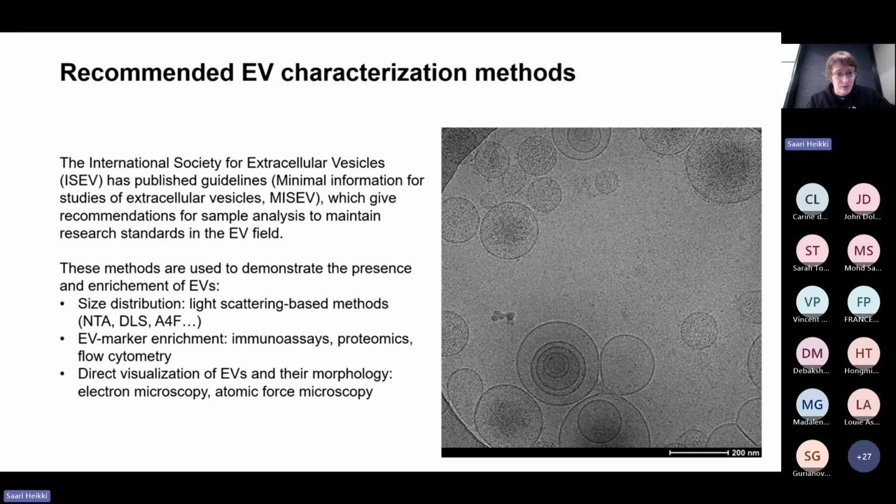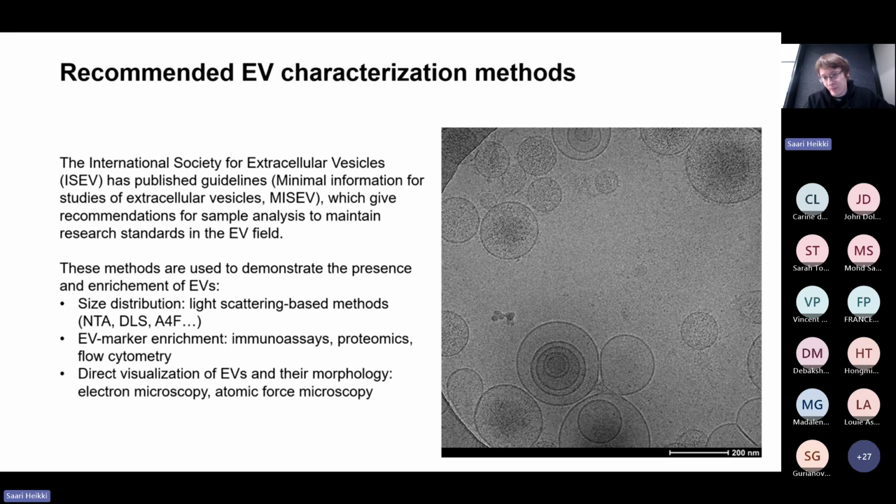Then you are encouraged to provide some indication of EV marker enrichment. Normally it's Western blotting, but it can be any of these methods. And then, like in the picture on the right, some kind of direct visualization of EVs, so you can show that these are actually intact vesicles.